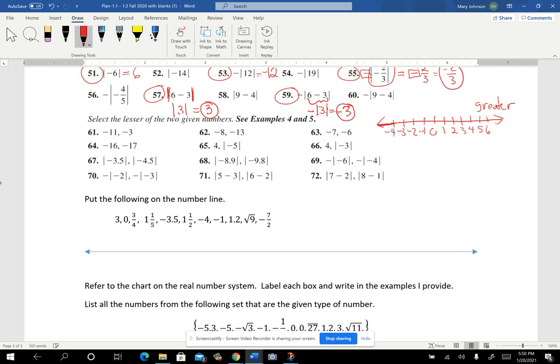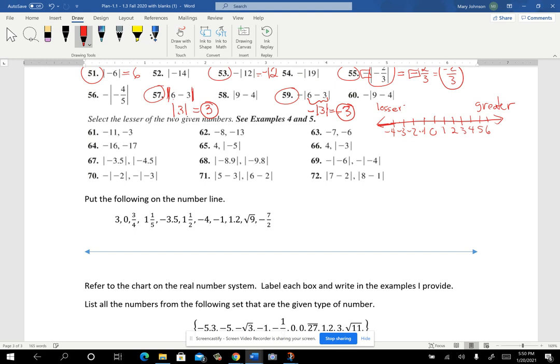All right, so when you go that way, the further to the left you are, the lesser the number is. It gets tricky when you get over to the negative side. Like what you first might want to say as the smaller number would be wrong. Okay? When you're looking at 61, a lot of times people make the mistake and they choose -3 as the lesser of the 2 numbers because 3 is smaller than 11.